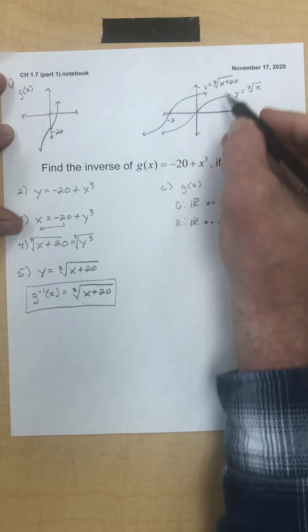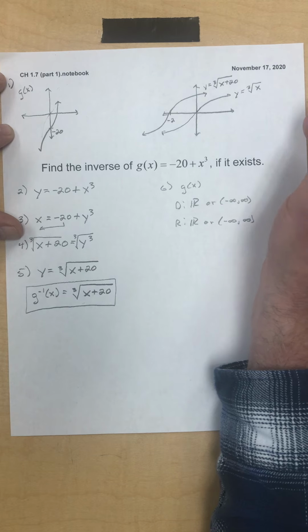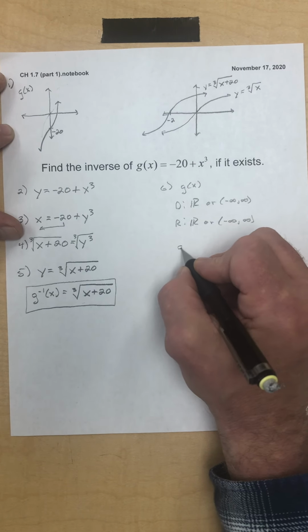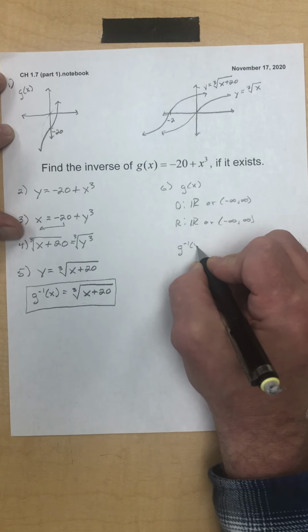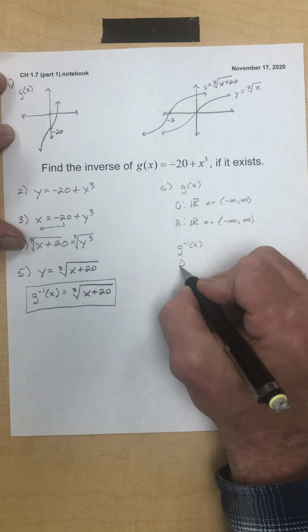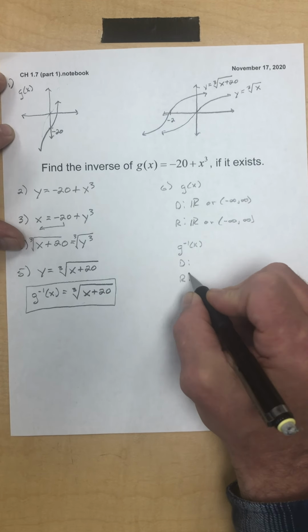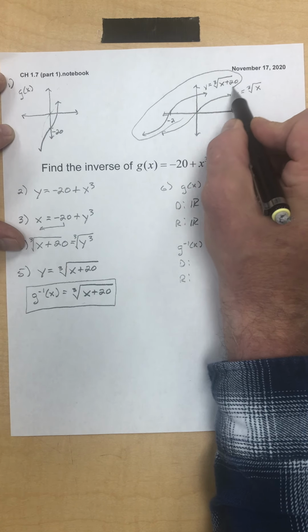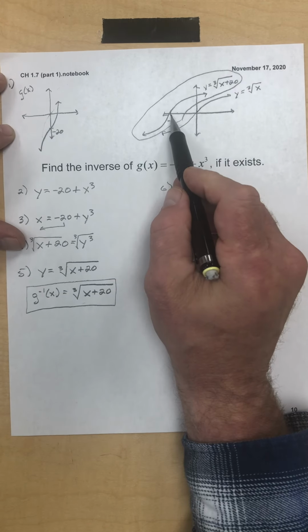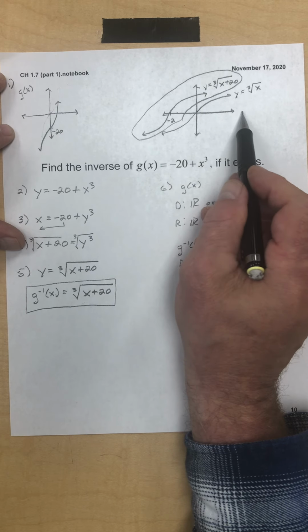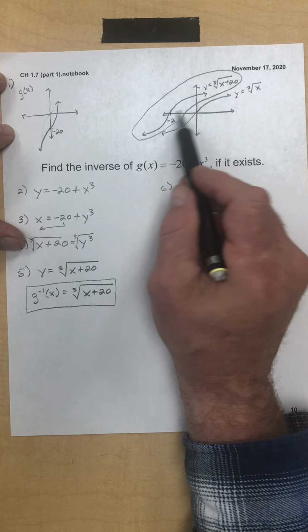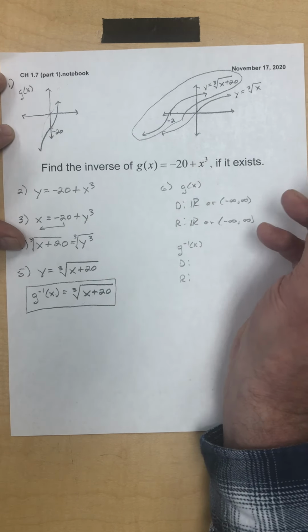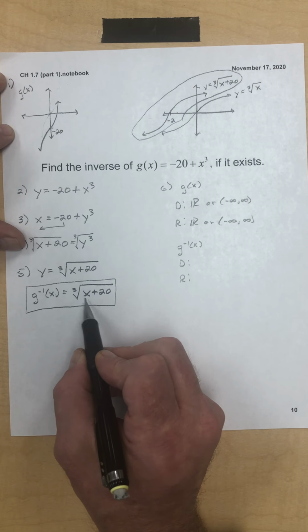Now if I go over here to my g inverse of x, and I look at my domain and my range like this. Now remember, we're working with this guy right here. And so if I go along the x-axis, notice that every value on the x-axis is included because I can put anything in here because I can take the odd root of a negative number.